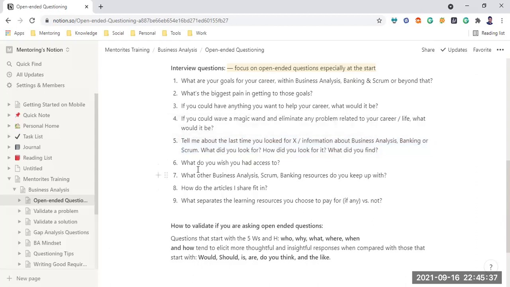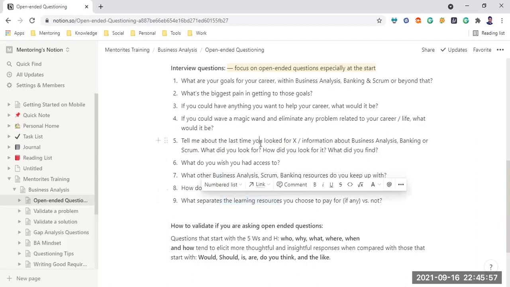Then you ask other questions like, what do you wish you had access to, and what other resources? That is an extension of question 5, and is more linked to my way of questioning.